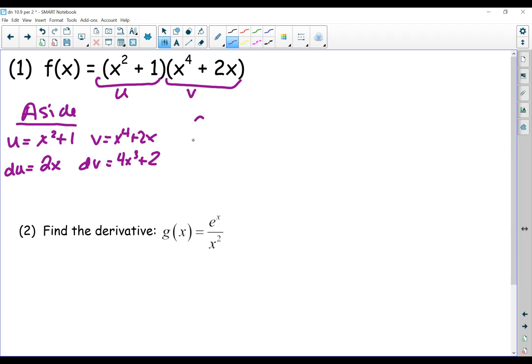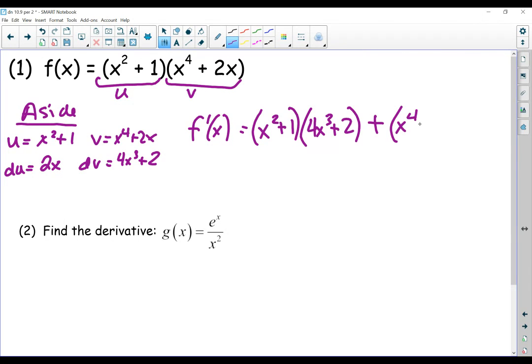And then to find my f prime of x, I just do a crisscross. So it's going to be x squared plus 1 times 4x cubed plus 2, diva, and then plus v du. So it's u dv and v du.